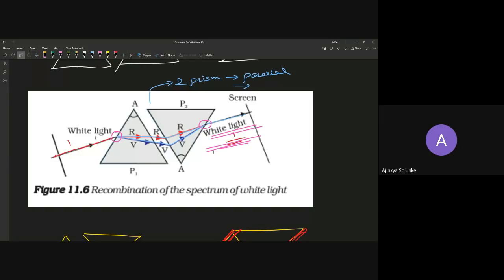Be fast. Give me the answer, else it would be very hard for me to explain it to you. The two prisms are acting as a glass slab, like parallel surfaces, and because of that, we are going to have this white light again.